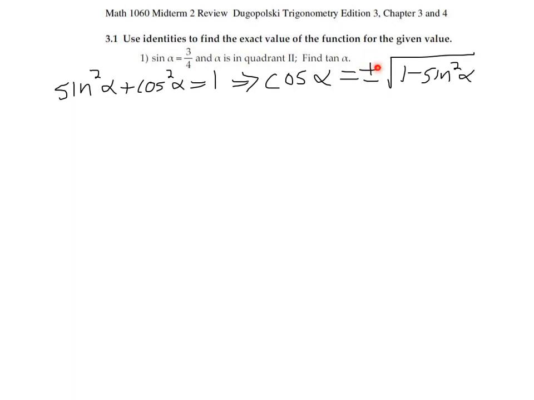Now, this plus or minus is because we had to take a square root to solve for cosine. But what quadrant this angle is in tells us which one we're going to be.